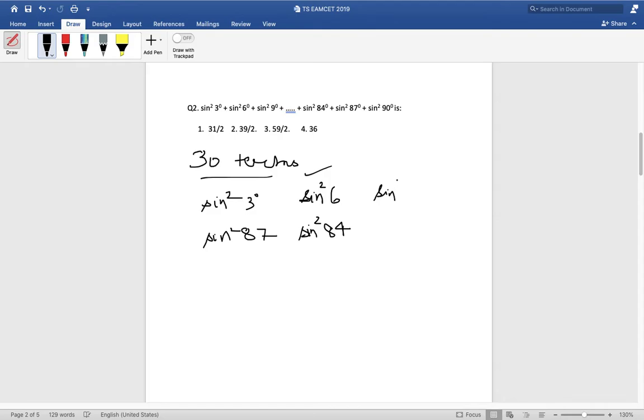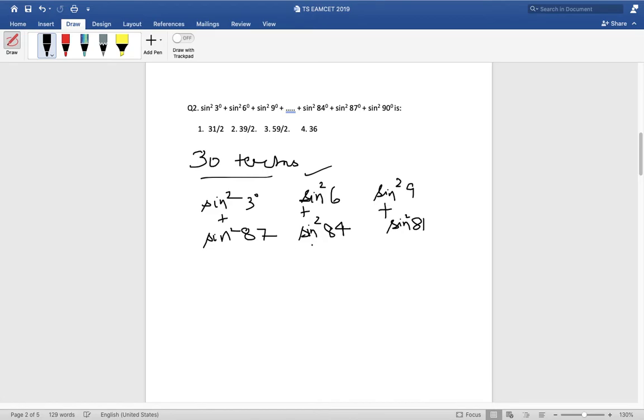Sine square 9, I will write what? Sine square 81 here. So we will keep on doing that for all these terms. Okay, and why do I write them like this?